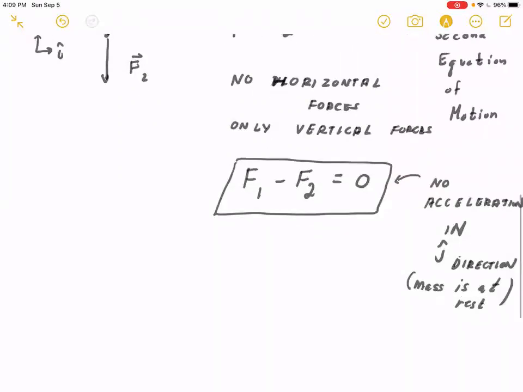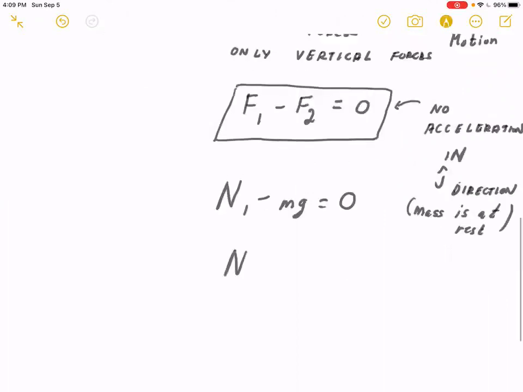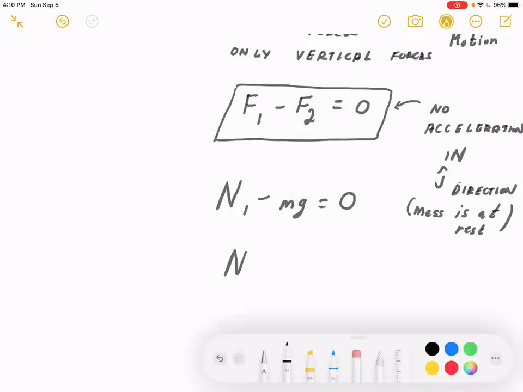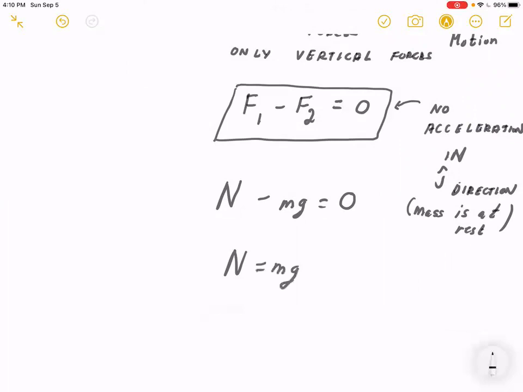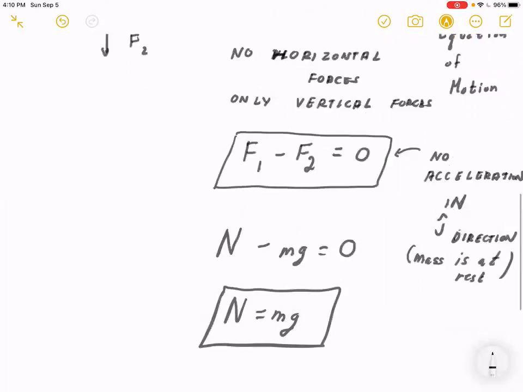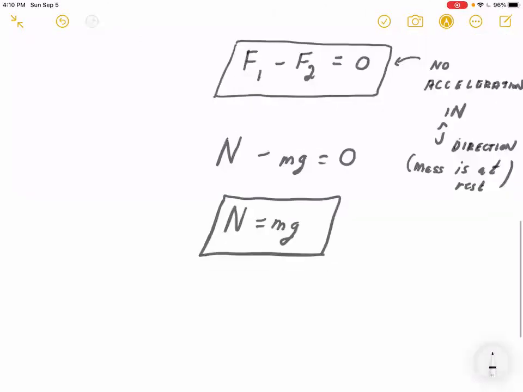So in fact, we know what these forces are. F sub 1 is N, and F sub 2 is m times g. And so what we find out for this problem, and there's no reason to give this a subscript, is that the normal force equals the mass times g, the constant due to the gravitational field of the Earth.